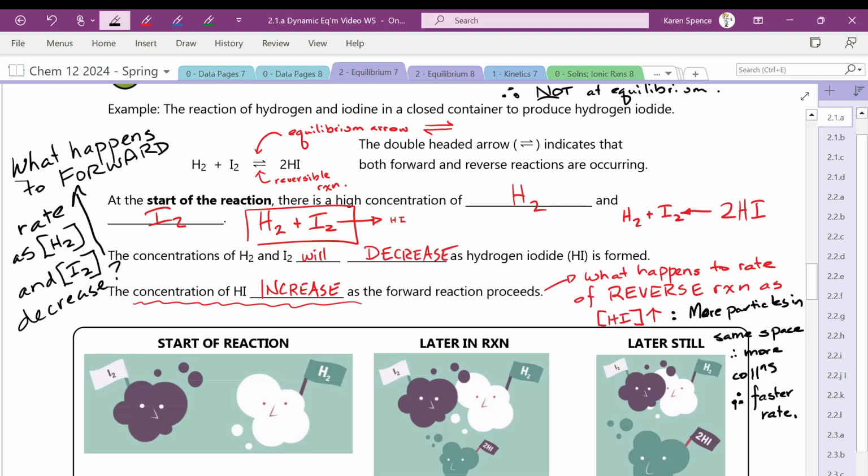So what do we think? So now we're looking at the forward reaction. Now we're looking at the black arrow. We're going from H2 plus I2 gives us 2HI, and the H2 and I2 concentrations are decreasing.